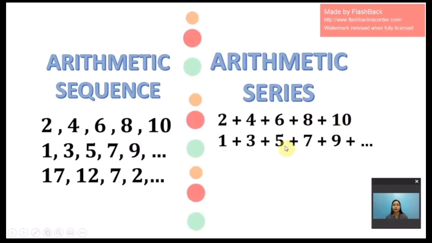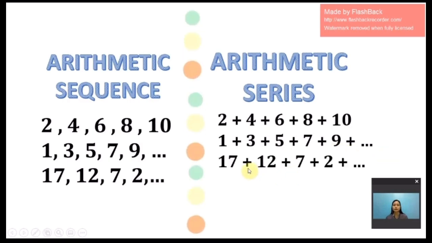We have 1 plus 3 plus 5 plus 7 plus 9 and so on. And then you have 17 plus 12 plus 7 plus 2 plus and so on. So, ano yung pagkakaiba ng dalawa? In arithmetic sequence, we use a comma, as I said a while ago. And in arithmetic series, we use a plus sign to separate the terms.